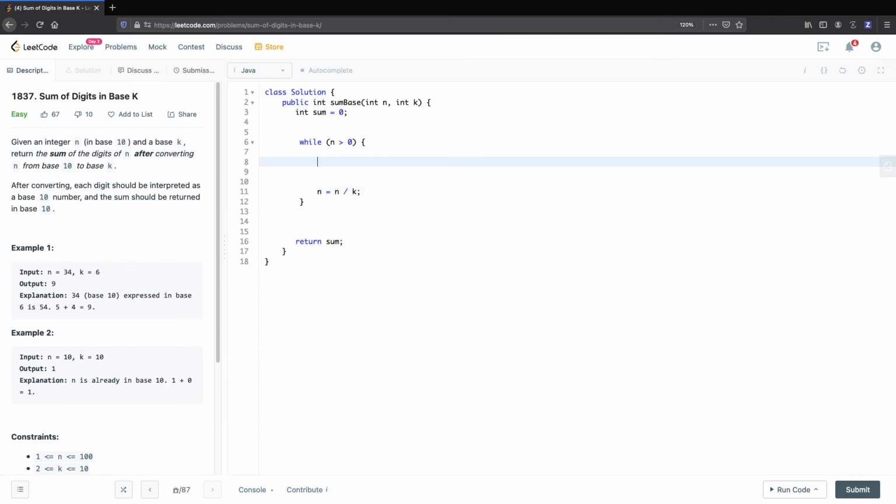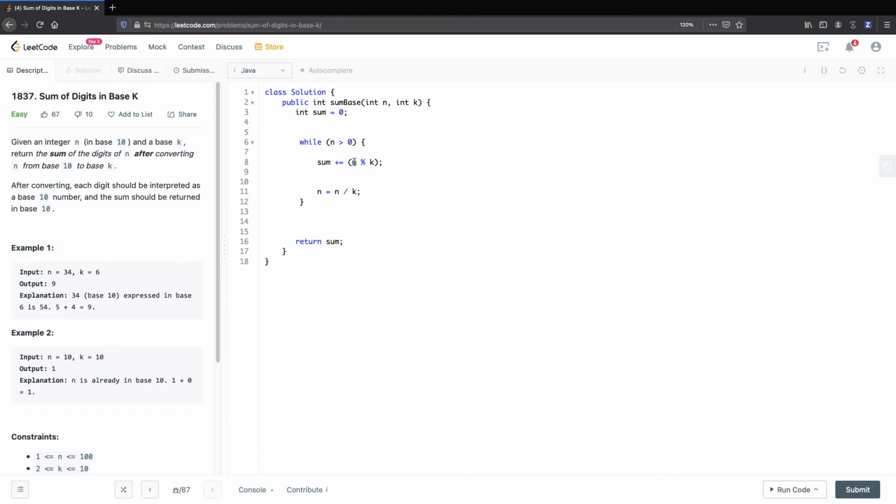And what were the numbers that were important for the sum that we're going to return? What are the numbers that we kept adding to our sum, which will be the thing that we return? Well, it was just those modded values, right? So all I'll do is sum plus equals n mod k, which just takes our current number that we're at, and it's going to mod it by our k.